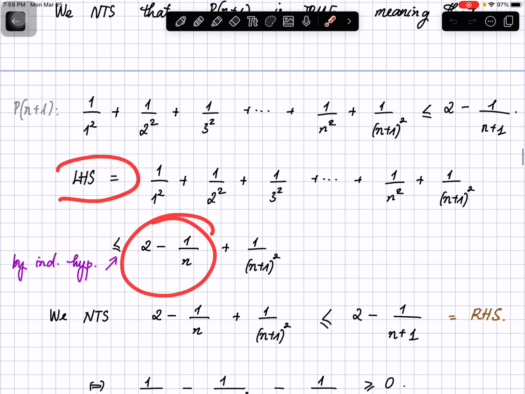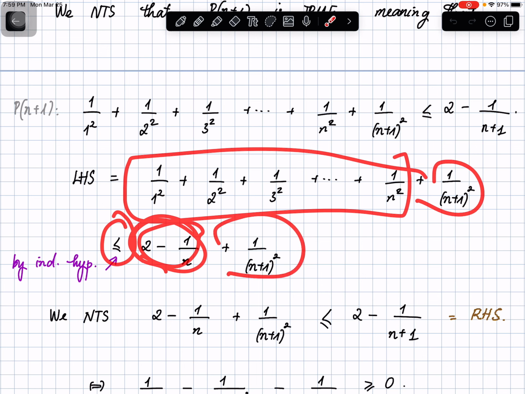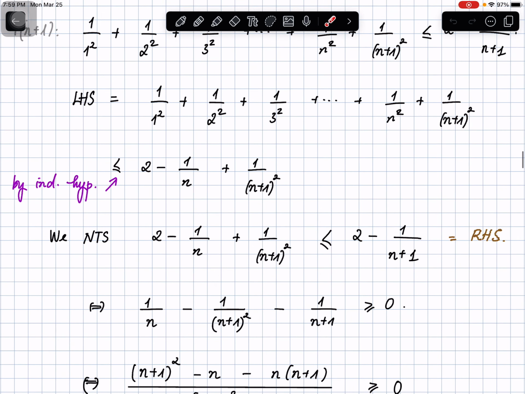So the left hand side of P(n+1) is less than or equal to the first n terms bound plus the (n+1)th term. The inequality is true because of the inductive hypothesis. Now we need to show that this number is less than or equal to the right hand side.